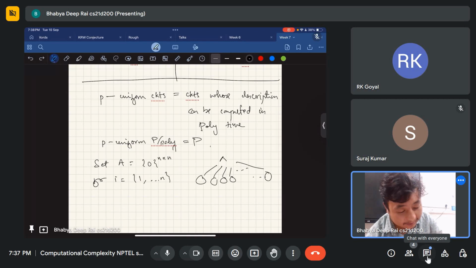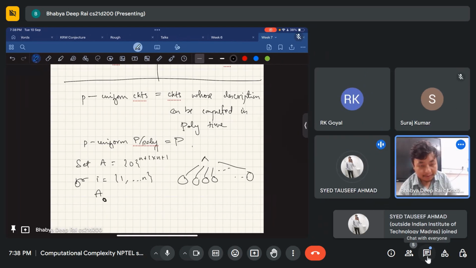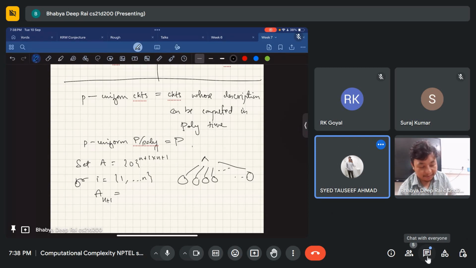The n plus 1 cross n plus 1 matrix, where I can say A at the n plus 1th row, ith column is equal to 1. And what will it do?